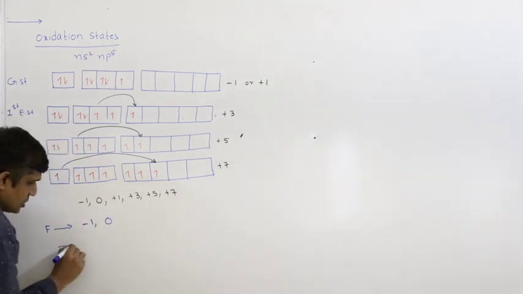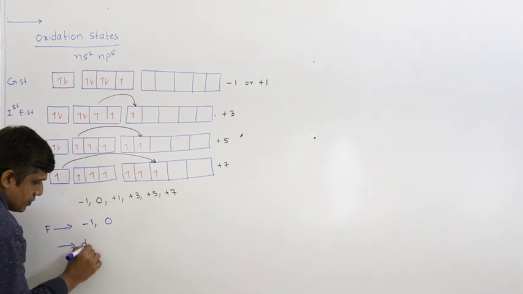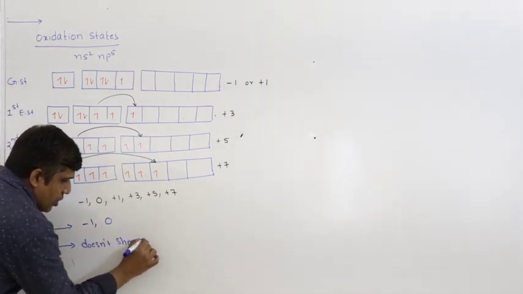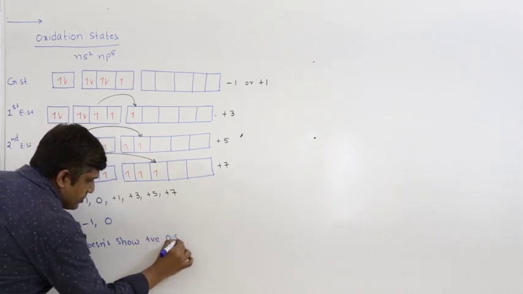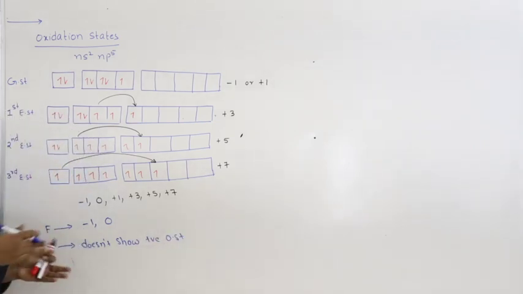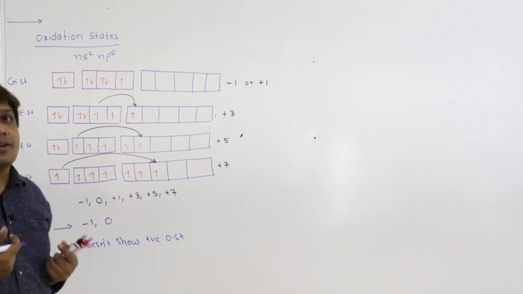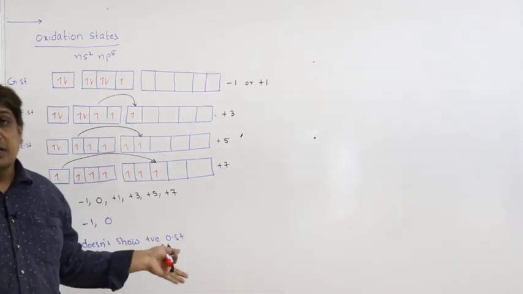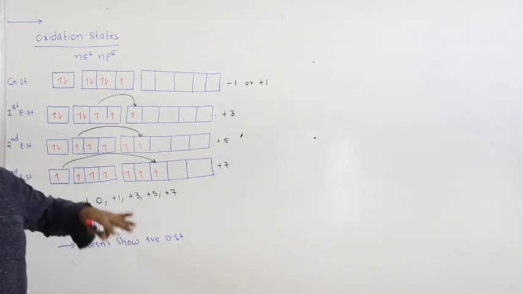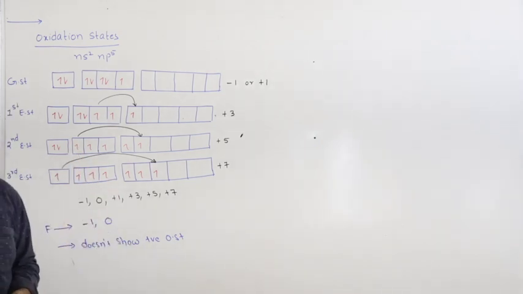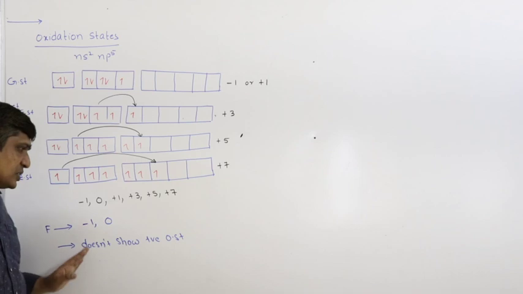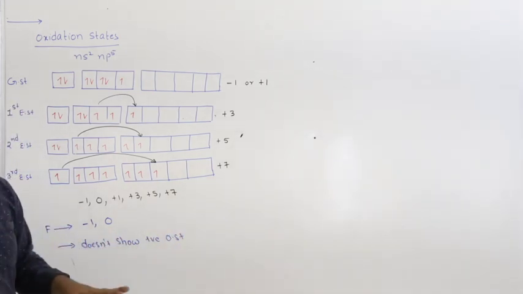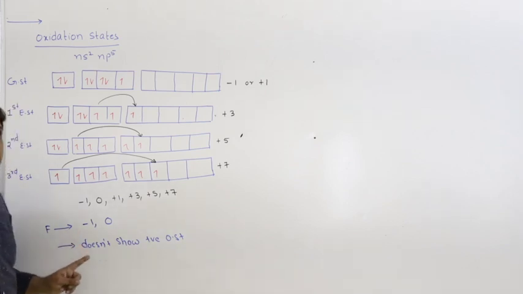It does not show a positive oxidation state. The reason is there is no other element which can pull electrons from fluorine, because it is the most electronegative element. There is no other oxidizing agent that can oxidize fluorine. Therefore, fluorine does not show a positive oxidation state in any of its compounds. It will show -1 only.